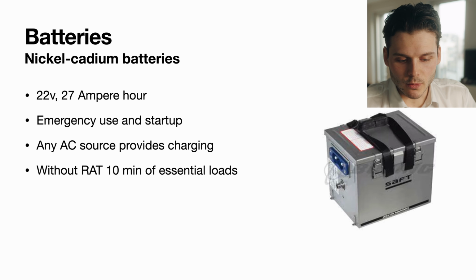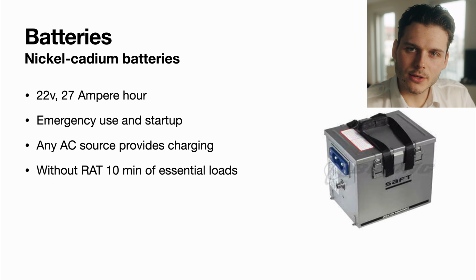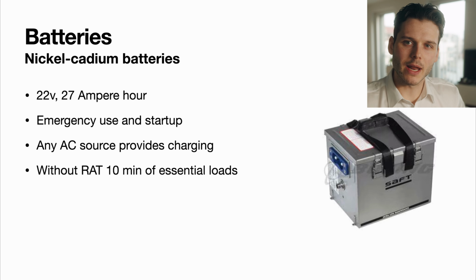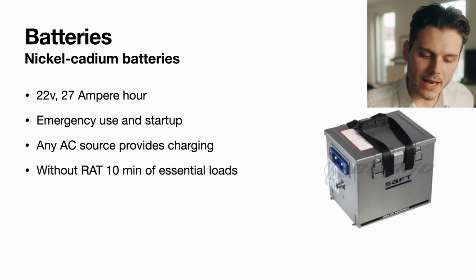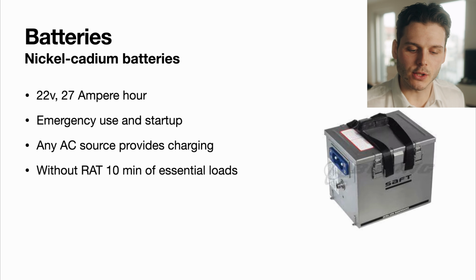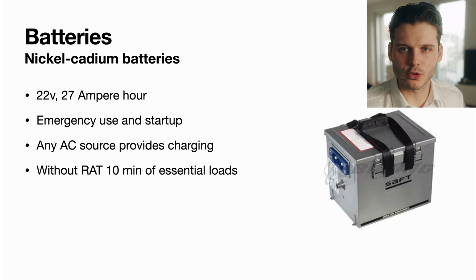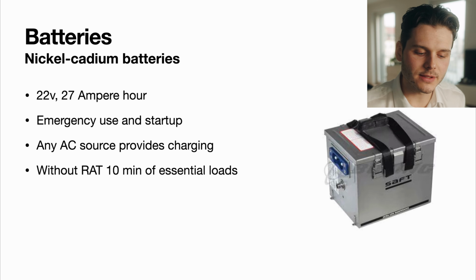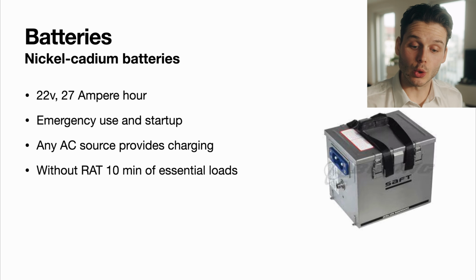Any AC source will provide charging. Without power from the ram air turbine in that small 8-second window where it's still deploying but not yet ready to produce electricity, we'll have about 10 minutes of battery-only mode. This is also in case the RAT fails completely to deploy. We do have 10 minutes of essential loads.